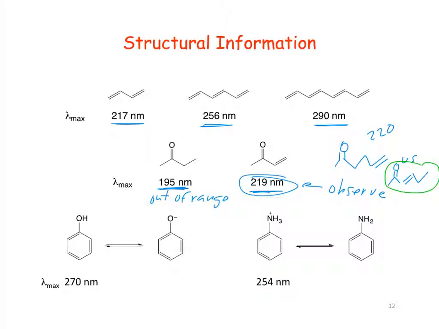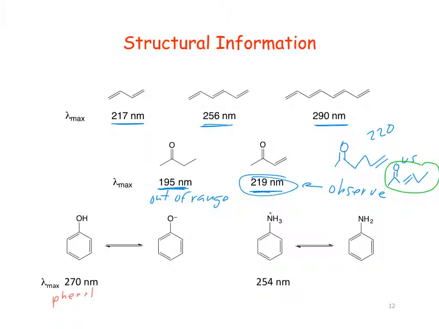Okay, another place that we can use this data is if we have groups that can function as acids or bases. Then our absorption can be dependent upon pH. So for example, this molecule is phenol, an alcohol on a benzene ring.